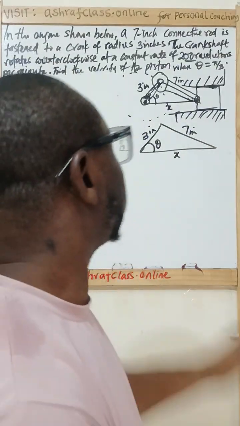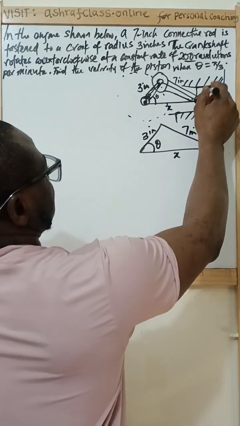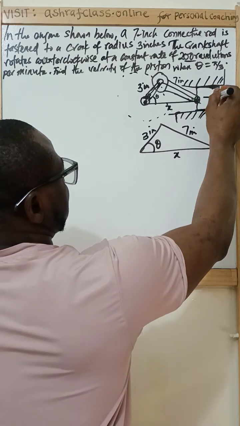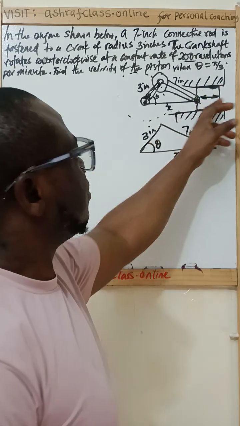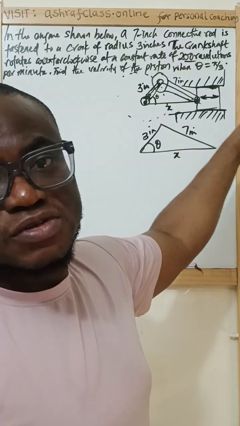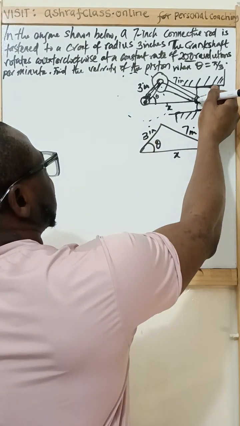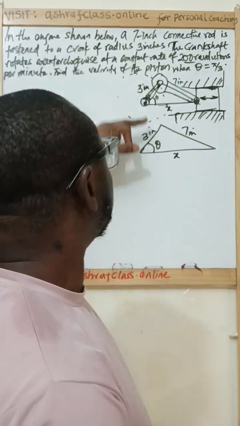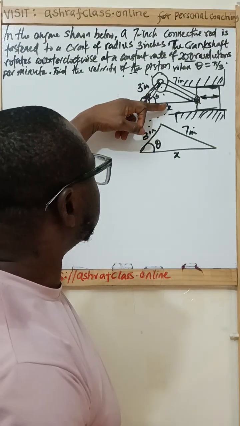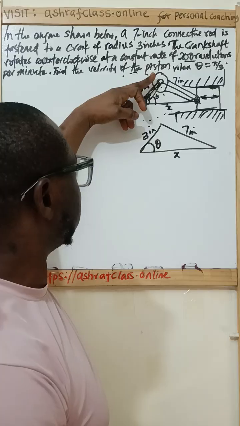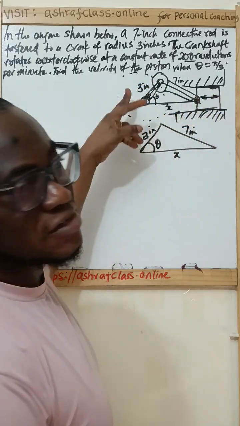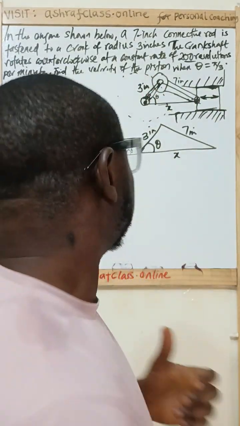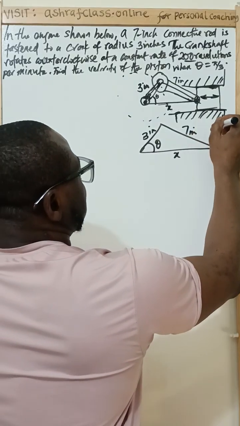What we are asked to find is the velocity of this piston. It's going in and out, moving at a particular velocity. While it is rotating, it will be moving in this direction. So what we have to find is dx/dt.